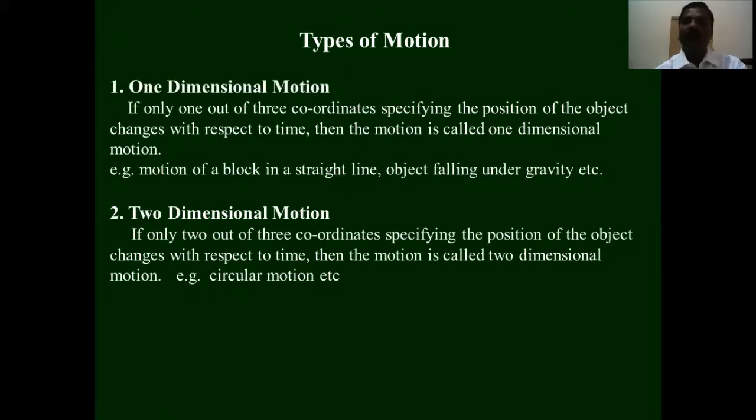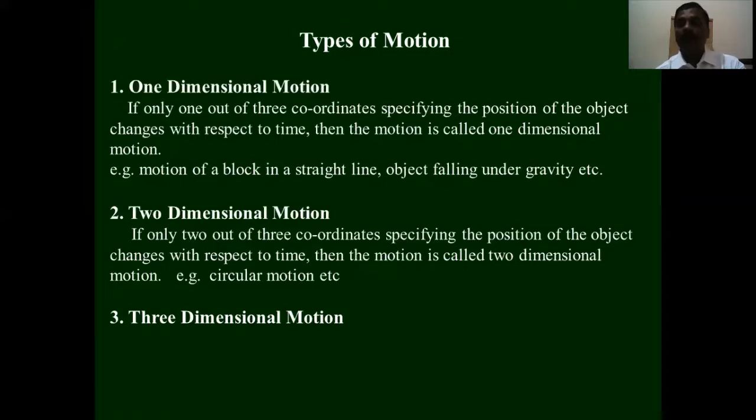An example is given as circular motion. In this topic, we'll have a detailed discussion regarding this circular motion, that is, uniform circular motion. The third type of motion is given as three-dimensional motion.